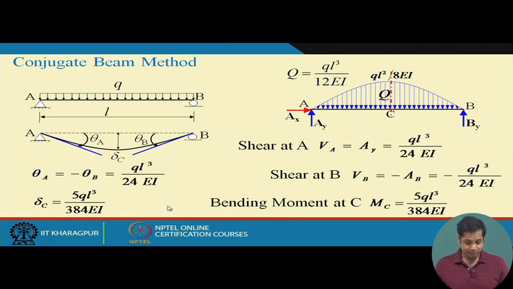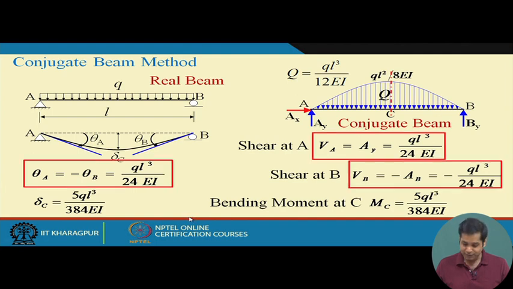Now you see, can you see the similarity? This is the real beam and this was the conjugate beam. Now you see the shear force at A of the conjugate beam gives you the slope at A of the real beam, and the shear force at B of the conjugate beam gives you the slope at B of the real beam.